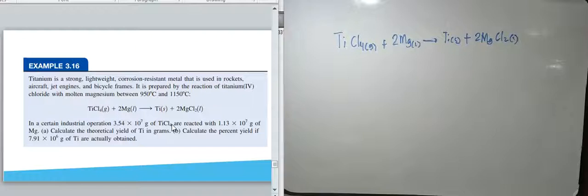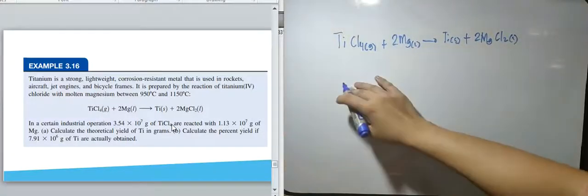So in a certain industrial operation, 3.54 times 10 raised to 7 grams of titanium chloride are reacted with 1.13 times 10 raised to 7 grams of magnesium. A, calculate the theoretical yield of titanium in grams, and then B, calculate the percentage yield if 7.91 times 10 raised to 6 grams of titanium are actually obtained.